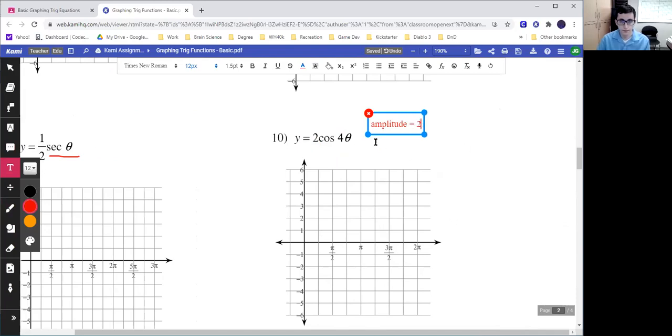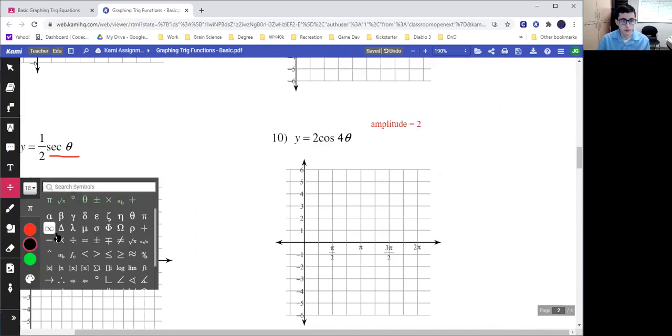Oh man, I meant to type it this way. And the period will be 1/4 of the normal period. In radians, instead of it being 2 pi, it'll be 1/4 of that. So it'll be 2 pi over 4, which can be reduced to pi over 2. So it'll be pi over 2. This will be a period.